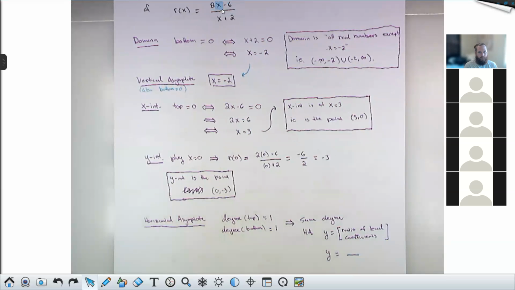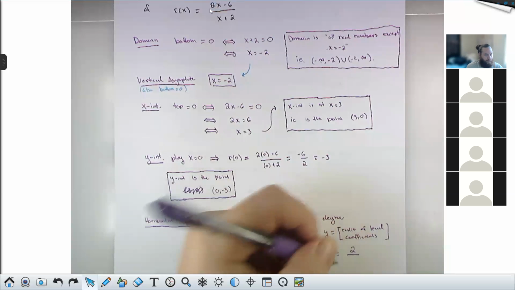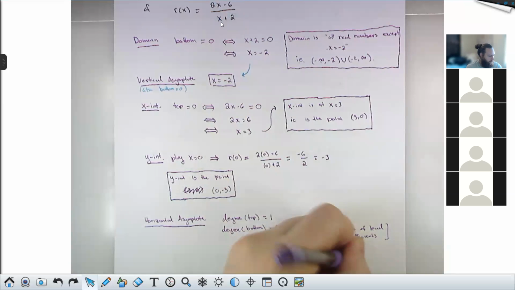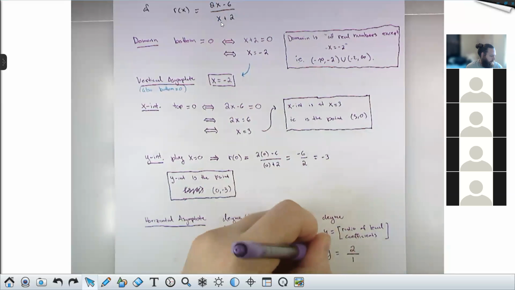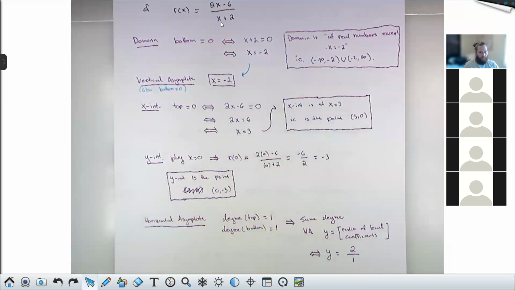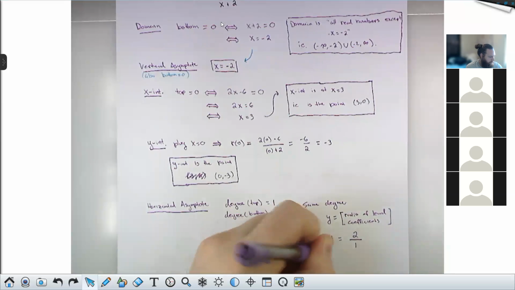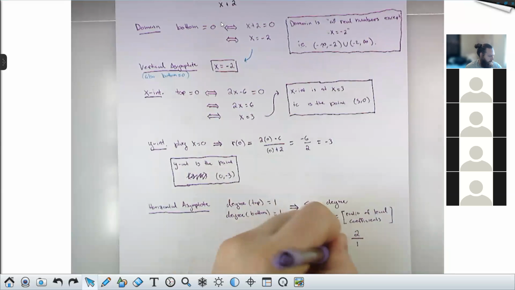So the lead coefficient is the number attached to that, which is 2. And the lead coefficient of the polynomial downstairs here? 1. Very good. It's the number attached to the x. And if there's not anything written here, that means it's a 1. So our horizontal asymptote is the line y equals 2 over 1. Nobody would write it like that, but it's just y equals 2.